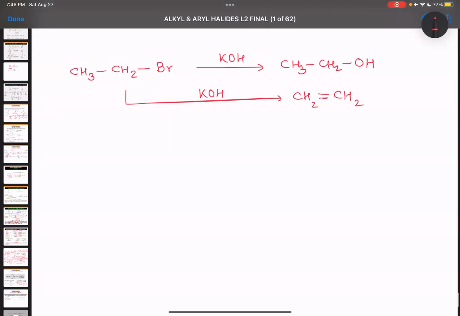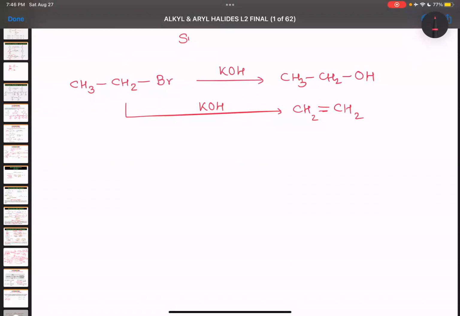Now, what could those conditions be? Elimination actually requires a strong condition. It is endothermic in nature. Why? Because weak bonds are forming, since pi bonds are weak.